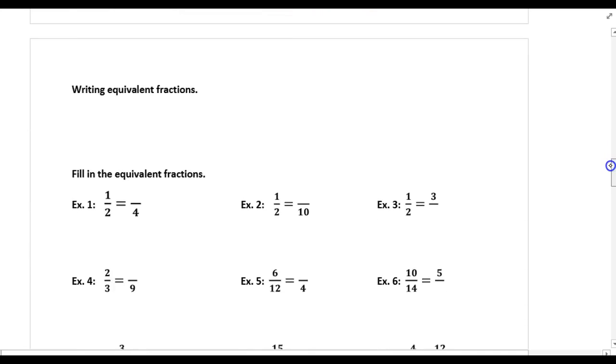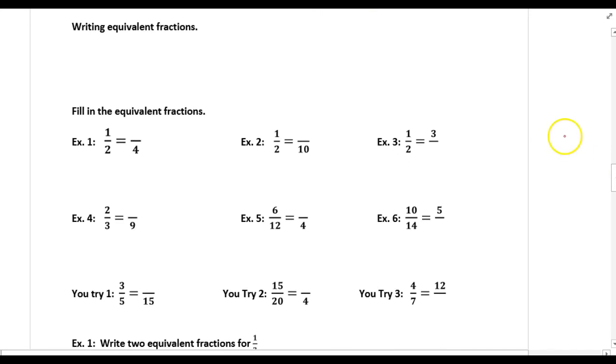Okay, so to bring this all together, to write equivalent fractions, you are basically going to multiply or divide the numerator and denominator by the same number.